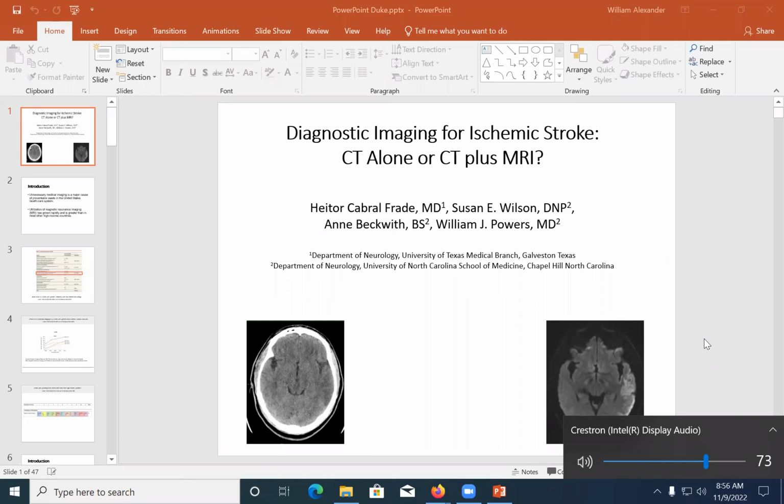But yes, there are certain situations. I don't know that MRI is necessarily going to help you in vasculitis versus vasculopathy. Are you talking about vessel imaging? Whereas this was really standard parenchymal imaging. We did not look at plus MRA or minus MRA.